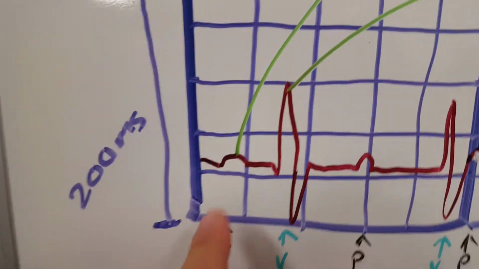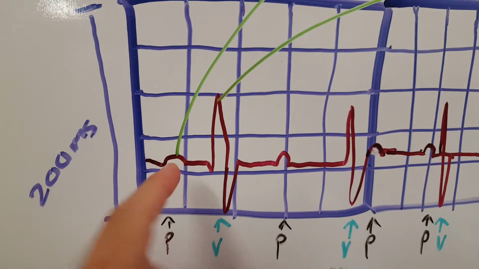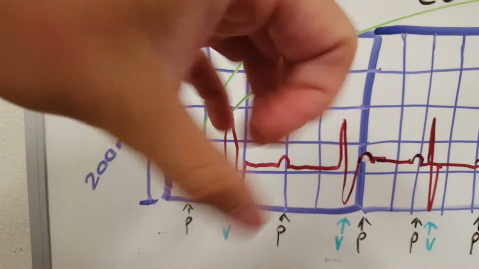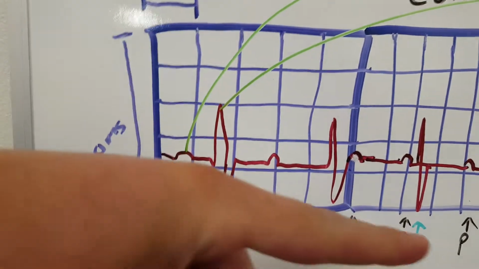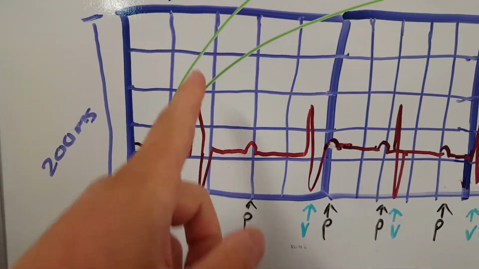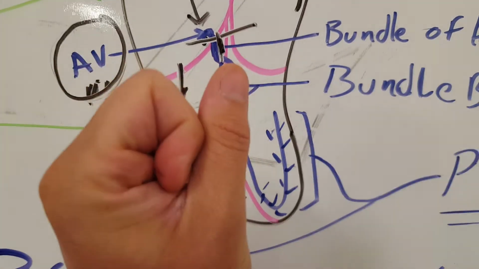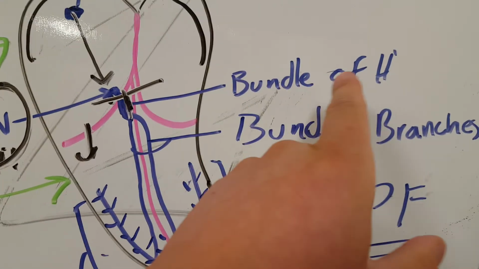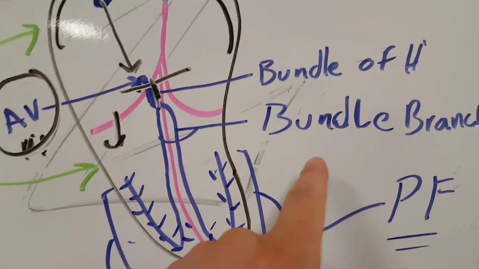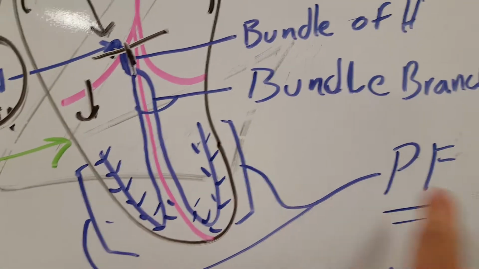And that's what this P wave right here means. So that just means that your atriums are squeezing down because the SA node fired. The QRS wave, that means that your Purkinje fibers are conducting electricity because the electricity travels down from the AV node to the bundle of His, bundle branches, and then your Purkinje fibers.